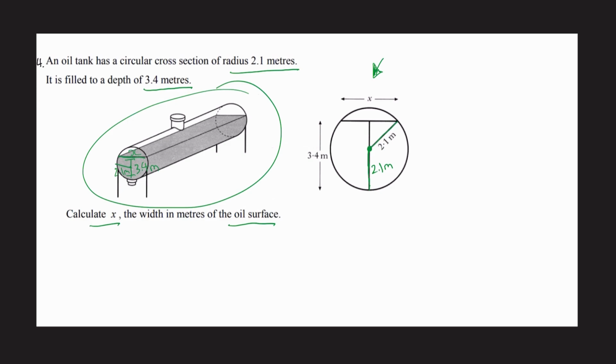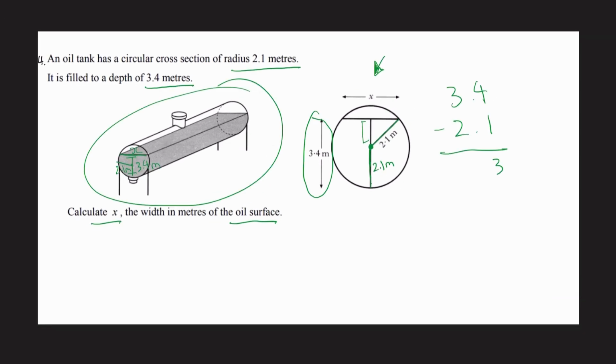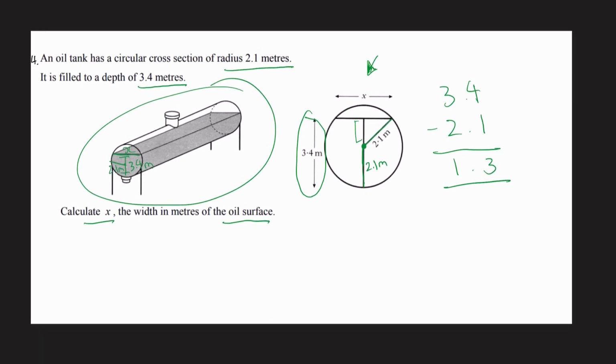We're told the whole length here is 3.4 meters, so this part here has to equal 3.4 take away 2.1, which equals 1.3.